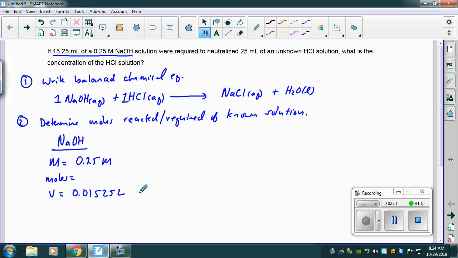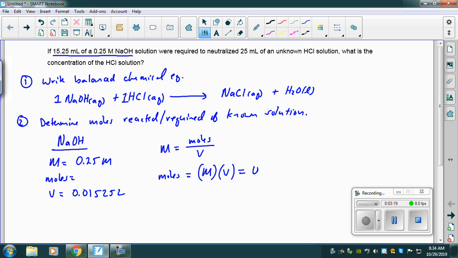And hopefully you can see that when I write that out, I've got two of the three things in my molarity equation, because molarity equals moles over volume, or liters of solution. I can multiply both sides by volume and solve for moles. So moles here is going to be equal to the concentration, which I know, times the volume, which I know.